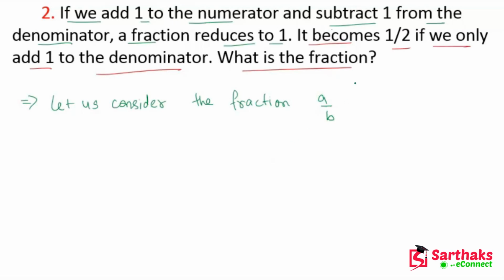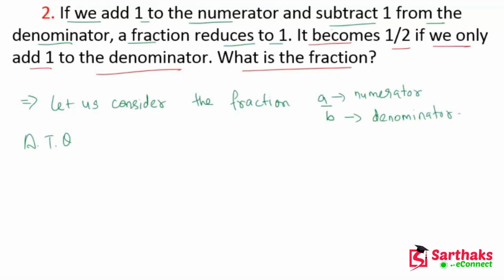Now according to question, ATQ, we have to add 1 in the numerator and subtract 1 from the denominator, and we know that the upper part is the numerator and the lower part is the denominator. I hope you understand these things.